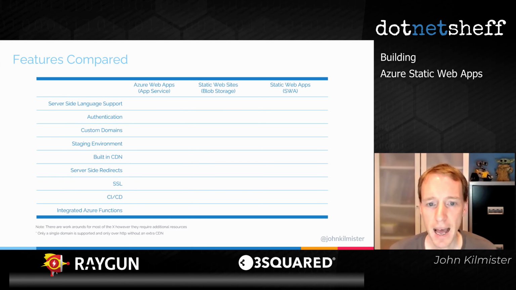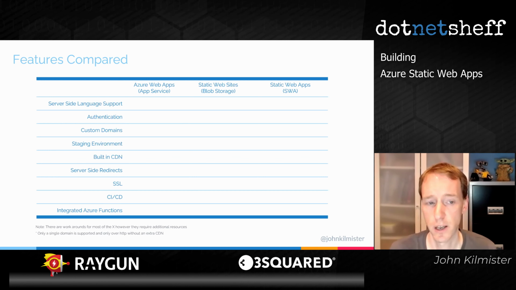But how does this compare? I've been using these kind of static sites or single page apps in Azure for some time, and I've been putting them in blob storage. You enable website hosting inside blob storage, and it will serve your page up. We also have Azure Web Apps on an app service. They're still PaaS, but they're quite heavyweight.